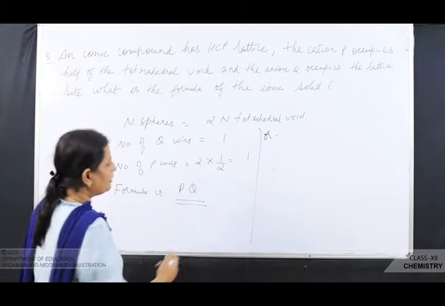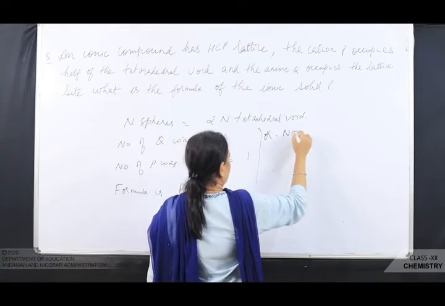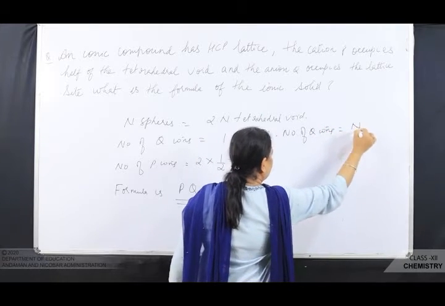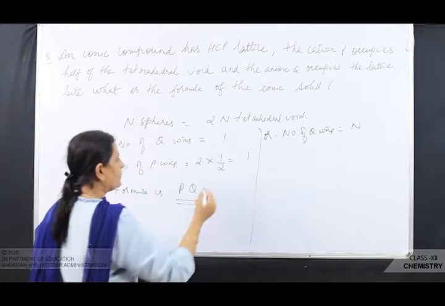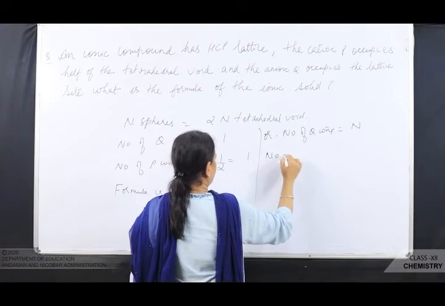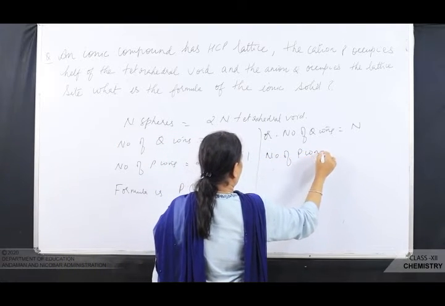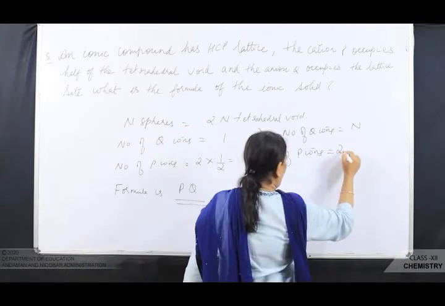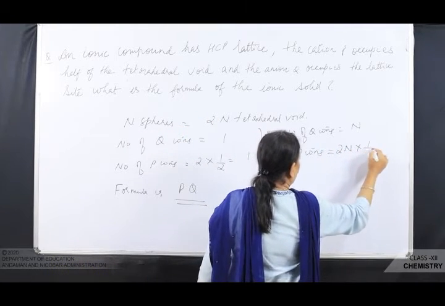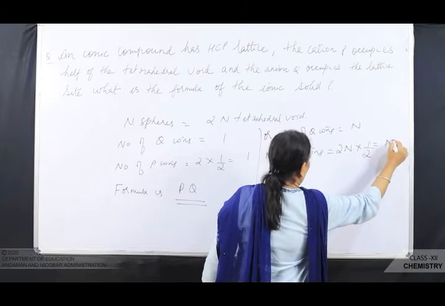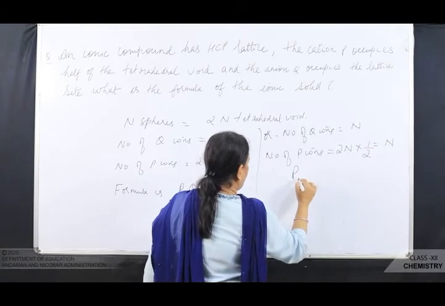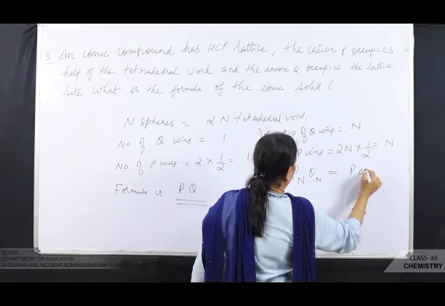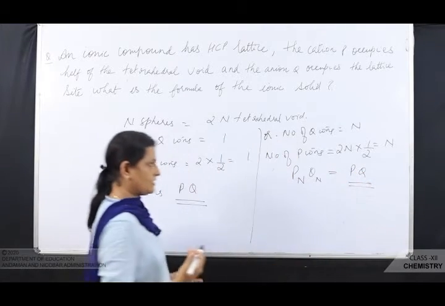Or if you want, you can do it another way also. Let the number of Q ions be N. Then the number of P ions, because it is occupying tetrahedral voids, is 2N. And how much is occupied? Half. So again it comes to N. So, the formula is PN QN, which is equal to PQ.